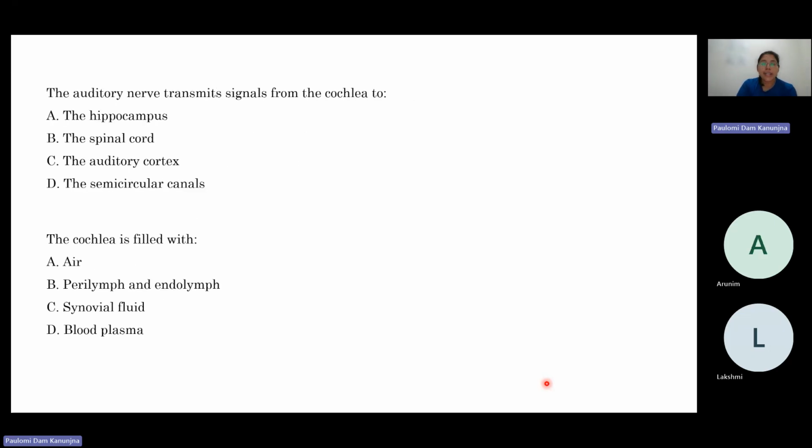Okay, so next one. The auditory nerves transmit signal from cochlea to where does it actually take? Like we have discussed about spinal cords, right? So in terms of auditory nerve, which one is the final location? And the second question is, I think, very easy.